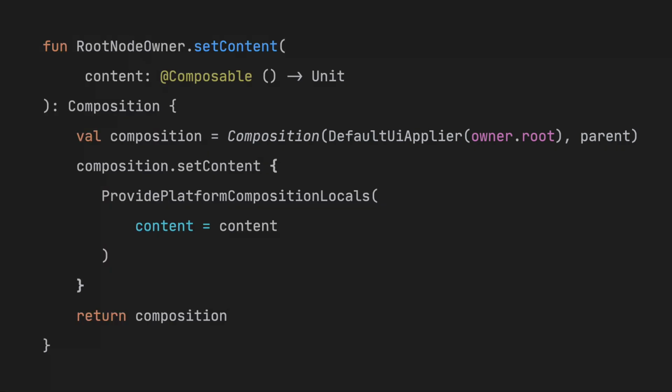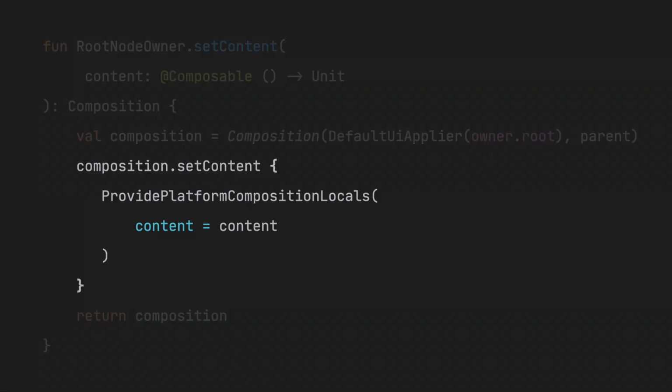And then I'm calling set content in there. And you see that I'm setting up locales and providing that content. So when compose UI view controller gets set up, it bubbles down that content all the way down to this setup right here. This is where the compose runtime is set up. So you'll see that this is where set content is called.